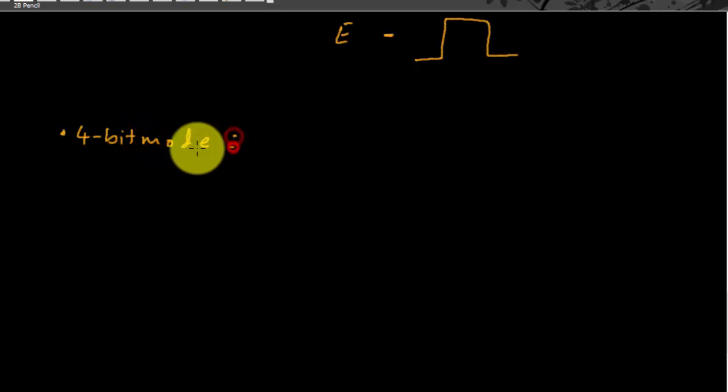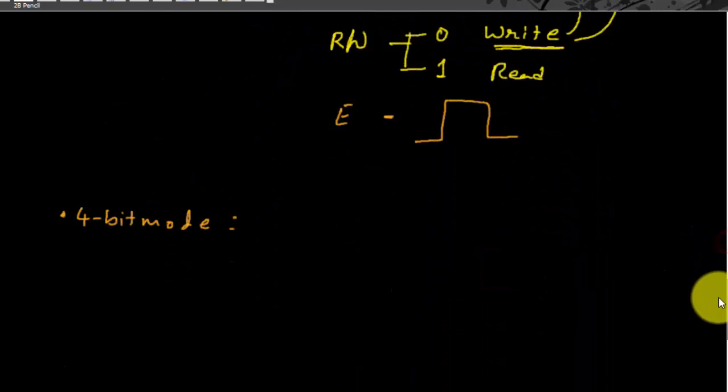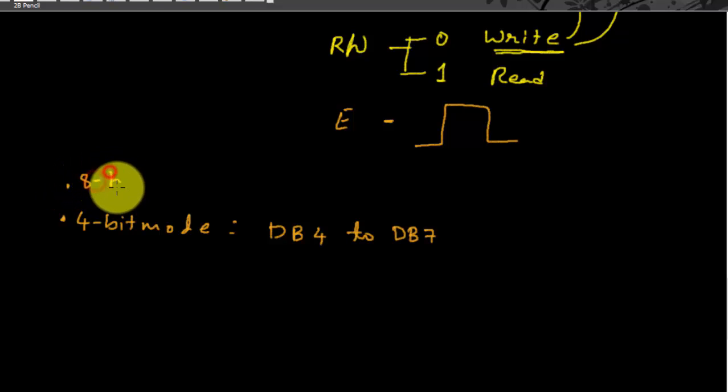And remember, once we had done a board, and instead of connecting the specific pins, we thought any of the 4 pins would work, and we later discovered that only DB4 to DB7 work in 4-bit mode. So just remember that whenever you want to save some pins on a microcontroller, use the higher 4 pins of the data bus. And in the normal mode, 8-bit mode, all the 8 lines are used.